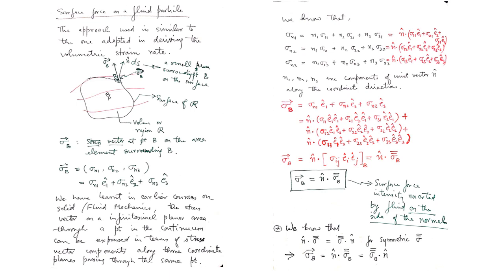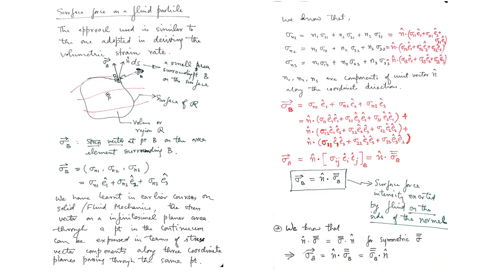So if you look at your notes of solid and fluid mechanics, where there is discussion of stress at a point, you will find this result there. My concern is that I want to write down these sigma n1, sigma n2, sigma n3 in terms of stress components on coordinate planes passing through the point B. So this point B shown here, where I have a general surface area element which has a normal n cap, if 3 coordinate planes are constructed at this same point B, then on them also 3 components of stress vectors will come. So if I use those components I can write these 3 components which I require, sigma n1, sigma n2 and sigma n3.